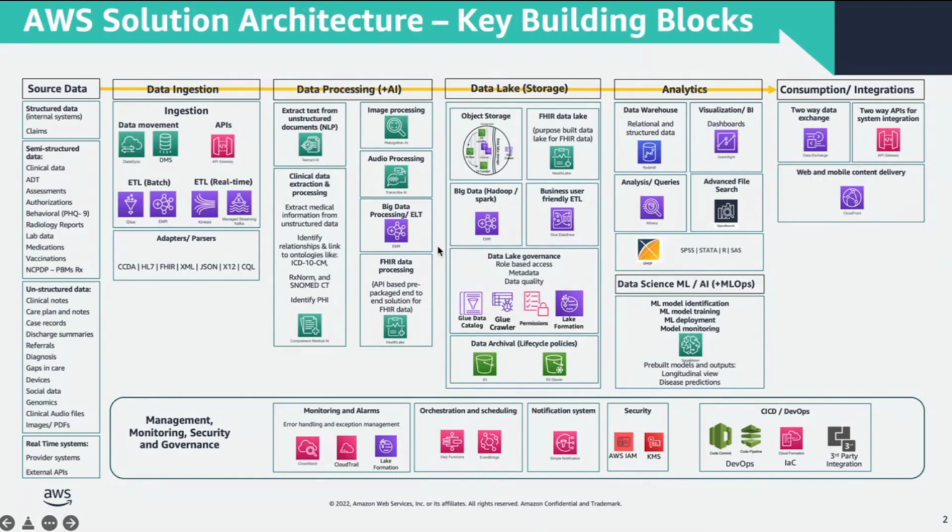And then you can put a governance layer, a quality layer, a metadata layer on that data, and conjoin it with a variety of other tools, Athena, EMR, etc., from a query perspective.